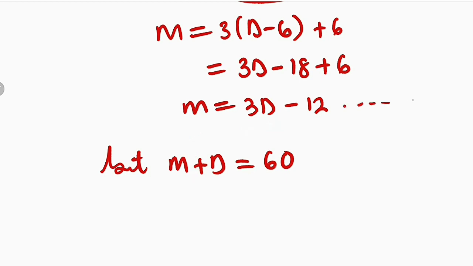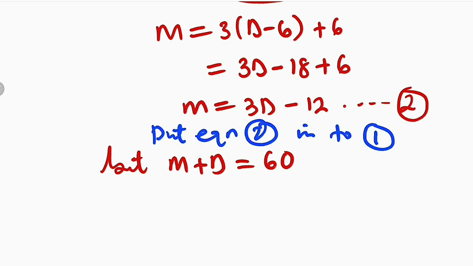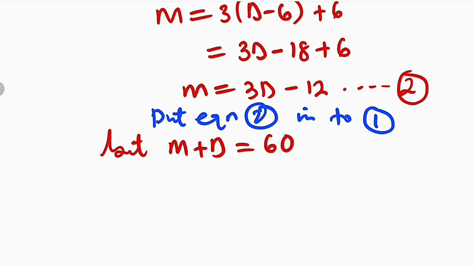You can even call this one equation number 2 and state that we are substituting equation 2 into equation 1. So wherever we have M, we replace it with 3D minus 12. So this is 3D minus 12 plus another D. This is equal to 60.